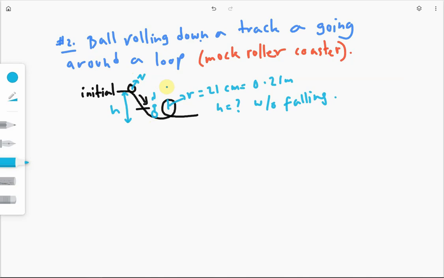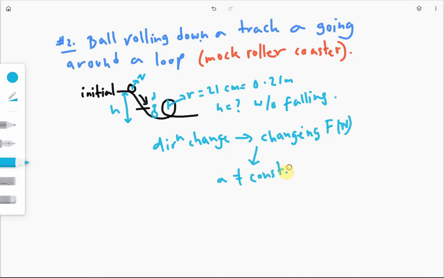Since force is a vector, a direction change is a change in the total vector. So the normal force N is constantly changing, and this means that acceleration is not constant, and so our kinematics breaks down. So this is another example why we cannot use Newton's second law and kinematics.